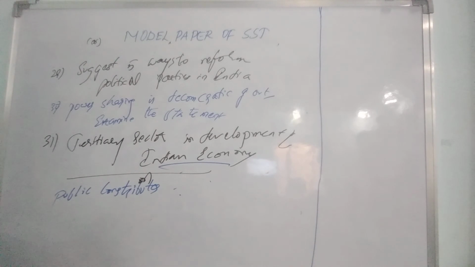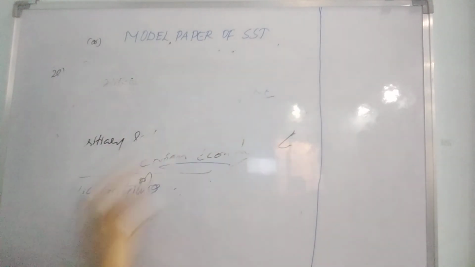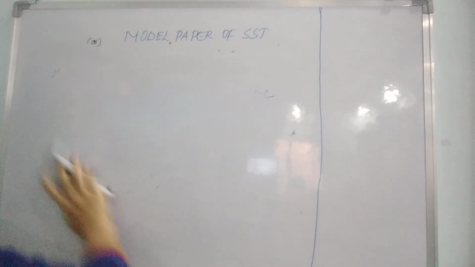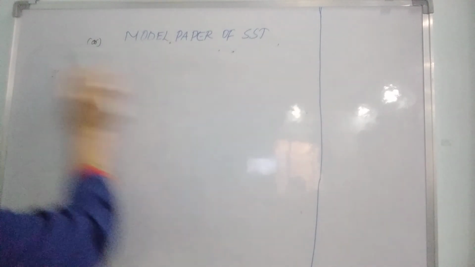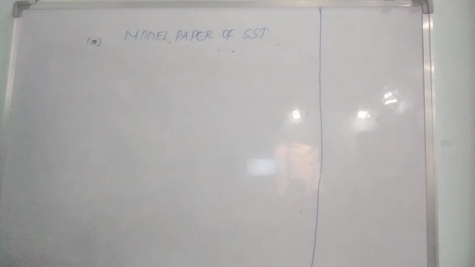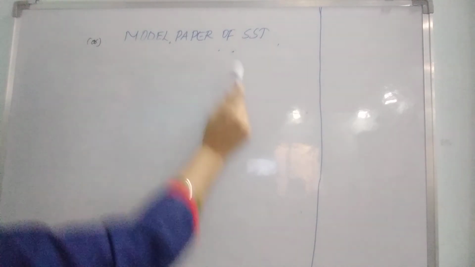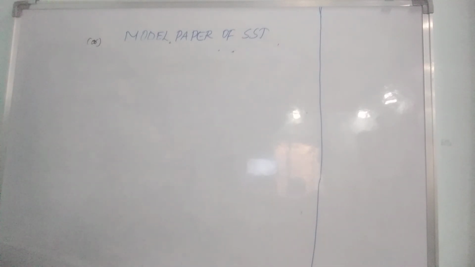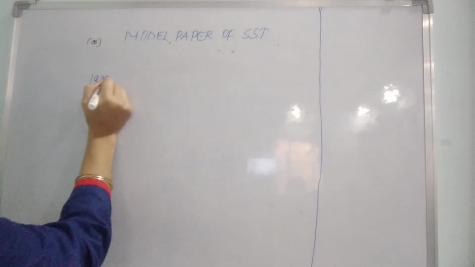This is our social studies model paper, and some important points for you: to do the map we have to know some points. Name the state where the session of Indian National Congress was held in 1920.